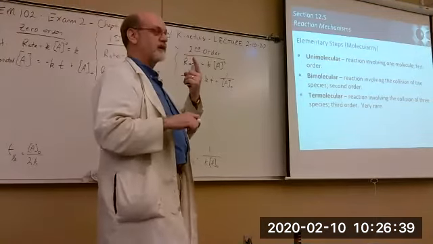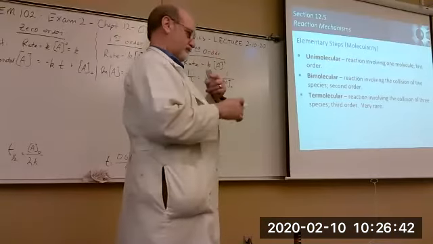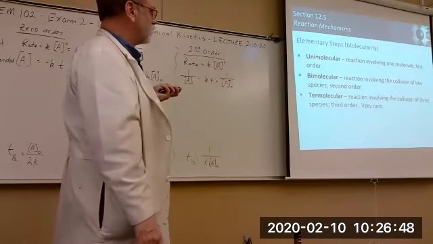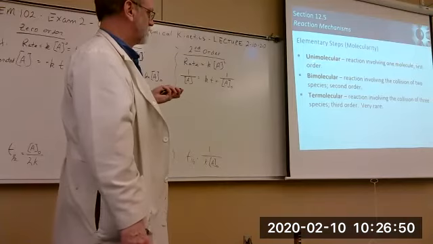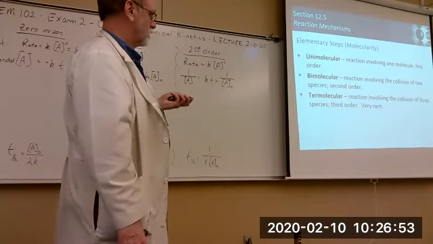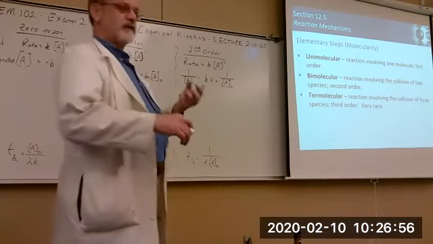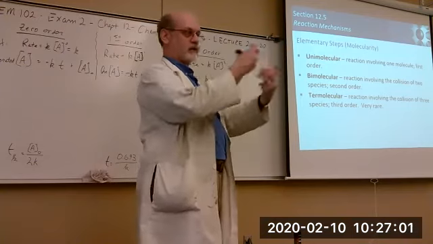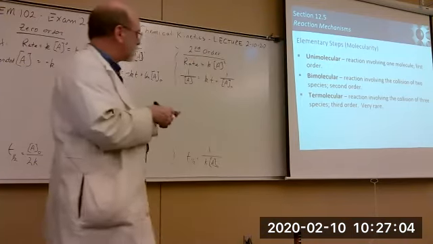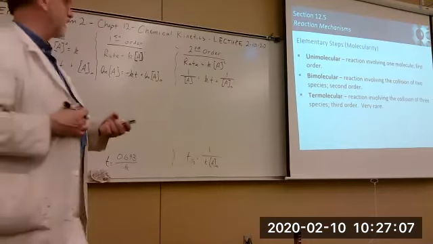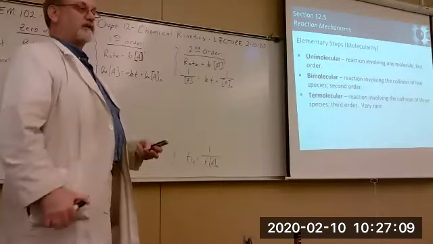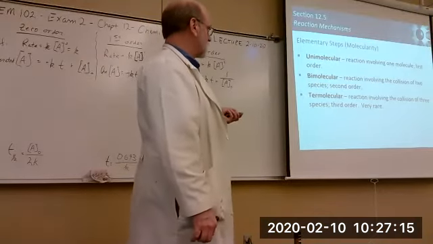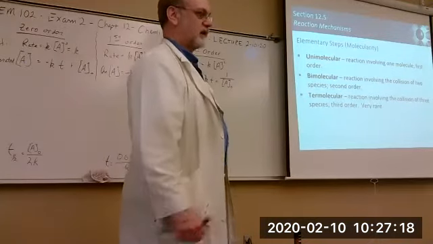So the relationship between our previous terminology and this discussion is that unimoleculars are first order. Bimoleculars are second order. So you have the order for one and the order for the second one combined overall is second order. 1 + 1 is 2. And if you have 3 coming together, you're talking about third order, and we didn't even talk about third order. So don't worry about terminology. Just realize that termolecular is highly unlikely, very rare. Think of it in these terms.